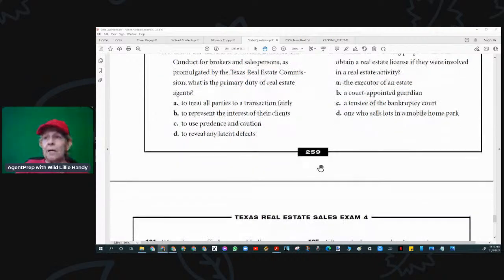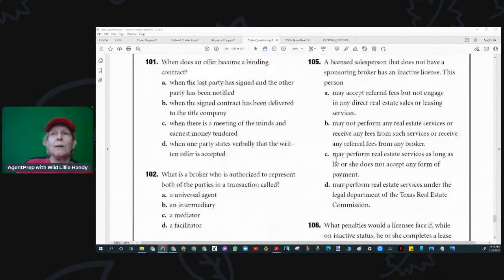All right, 101. When does an offer become a binding contract? For a first 1 to 4 residential resale or a condo, or land unimproved or commercial, when does it become a binding contract?